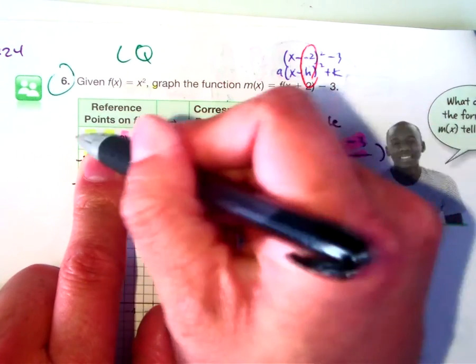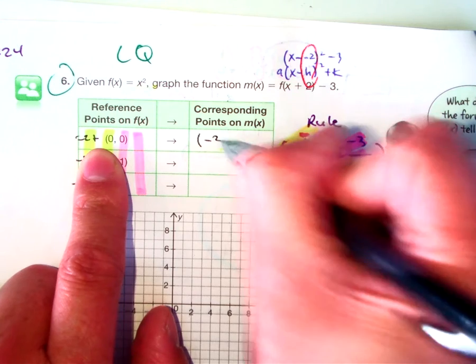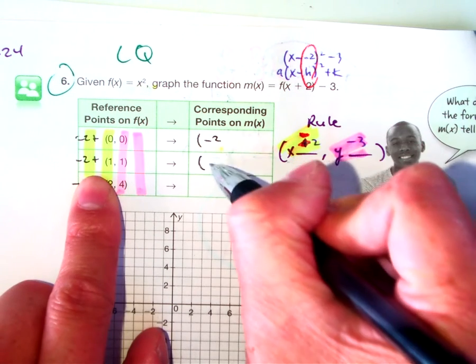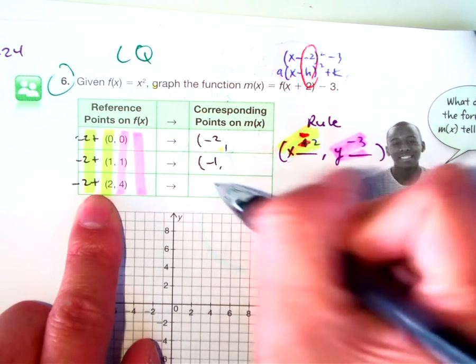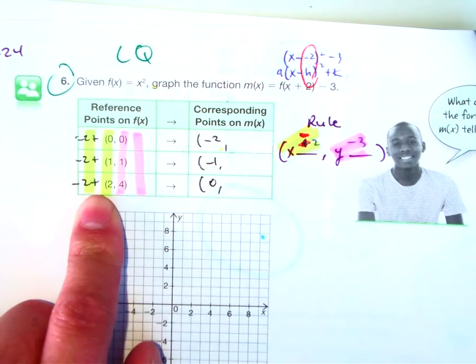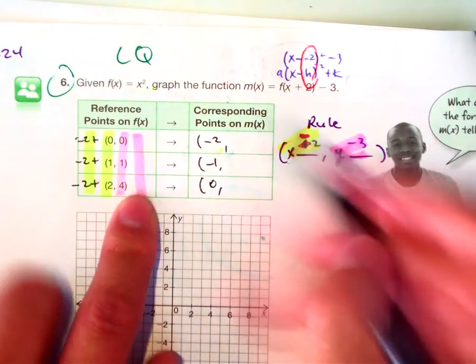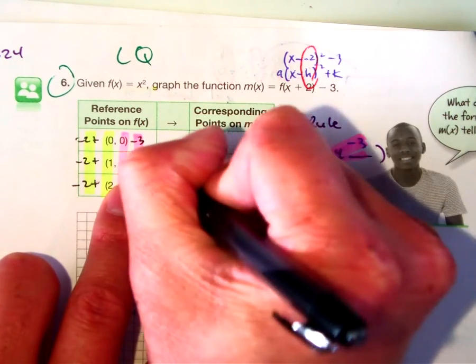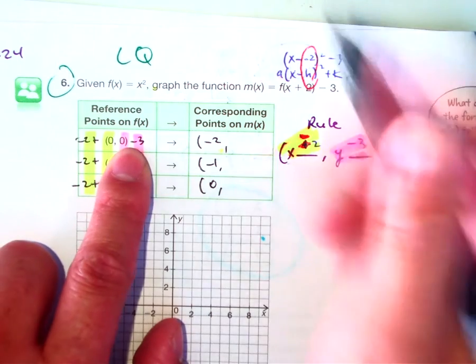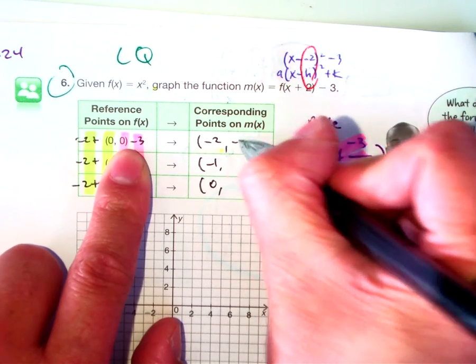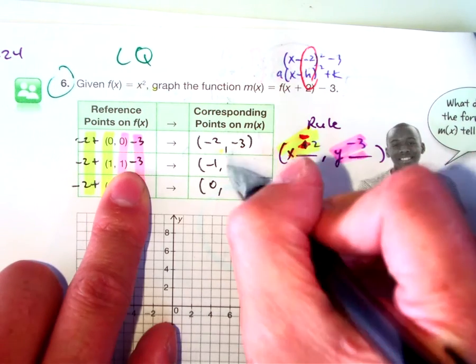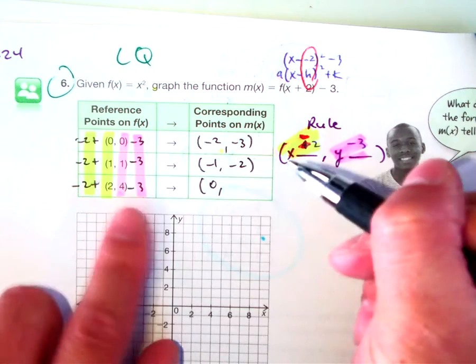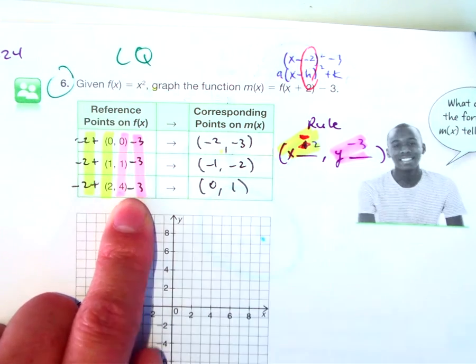This will become what, class? In yellow, negative 2. And then in the pink, we need to do minus 3. This will become minus 3, minus 2, 1.